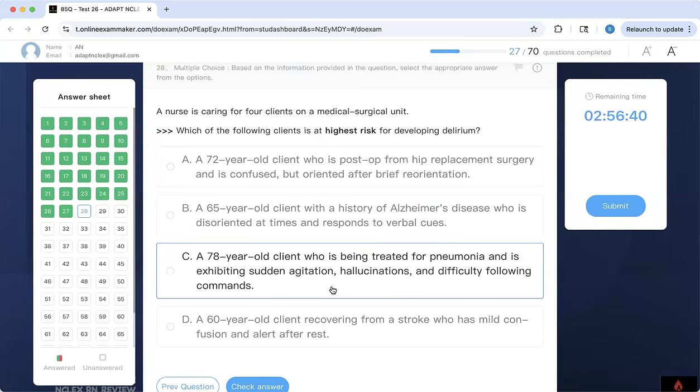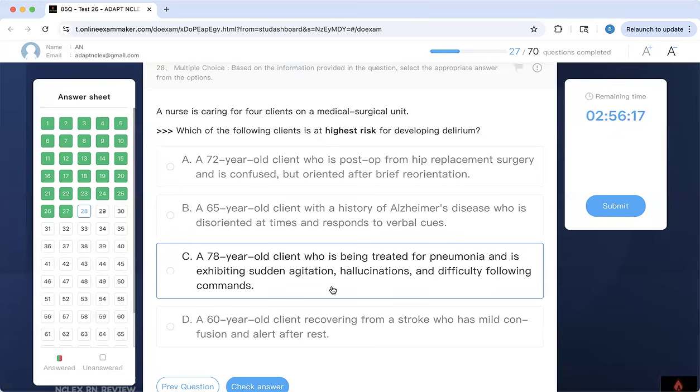A 65-year-old client with a history of Alzheimer's disease who is disoriented at times and responds to verbal cues. A 78-year-old client who is being treated for pneumonia and is exhibiting sudden agitation, hallucination, difficulty following commands. A 60-year-old client recovering from stroke who has mild confusion and is alert after rest.